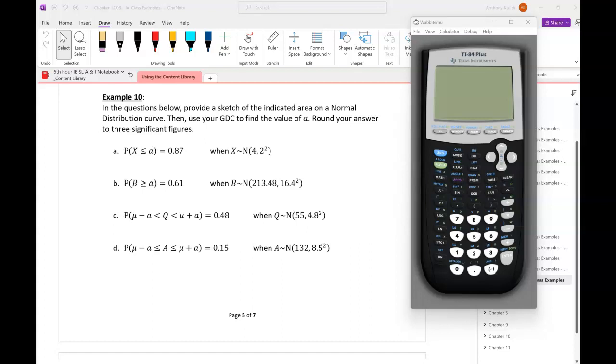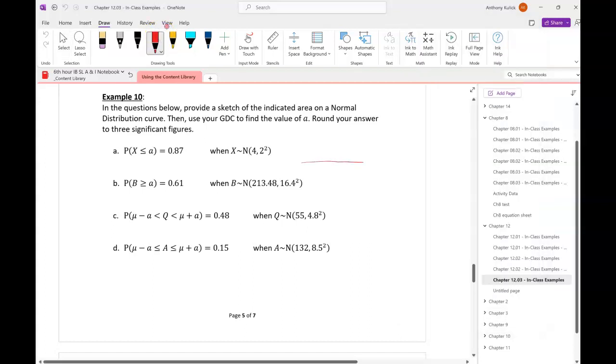So it says in the questions below, provide the sketch of the indicated area on a normal distribution curve. I don't care about that. Then use your GDC to find the value of A. Round your answer to 3 sig figs. This is your GDC. Yes, that is your GDC.